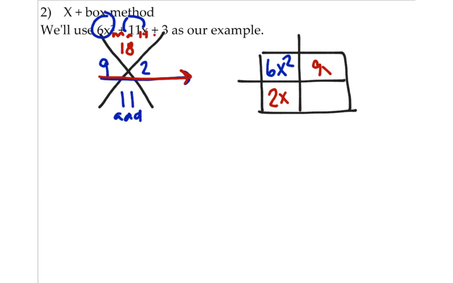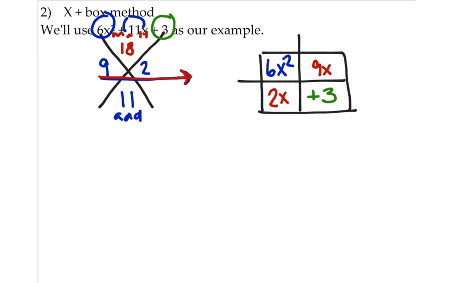We need to add an x after each of those. Since they're positive, if it helps you, put a plus sign in front, but they are positive. The 3 at the end goes in the bottom right box. So what's happening here is we're kind of taking our original 6x squared plus 11x plus 3 and breaking it down into the 4 parts.